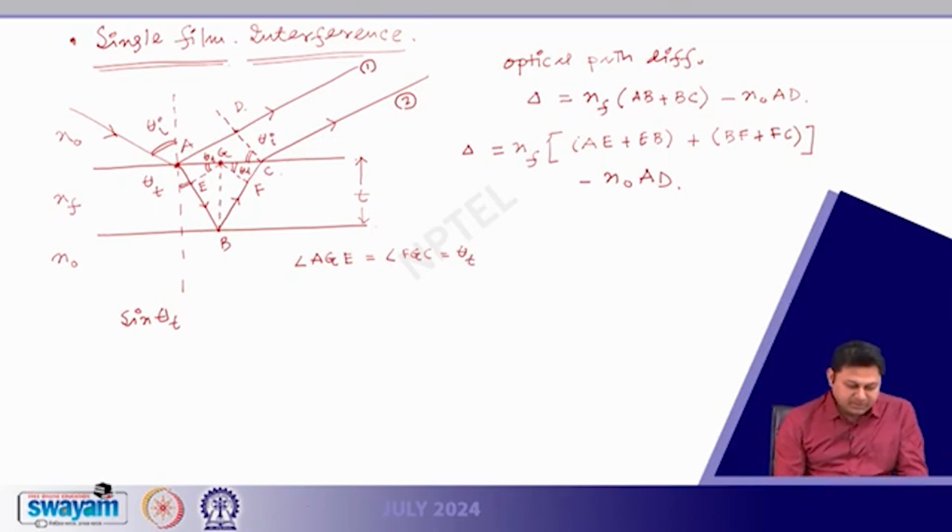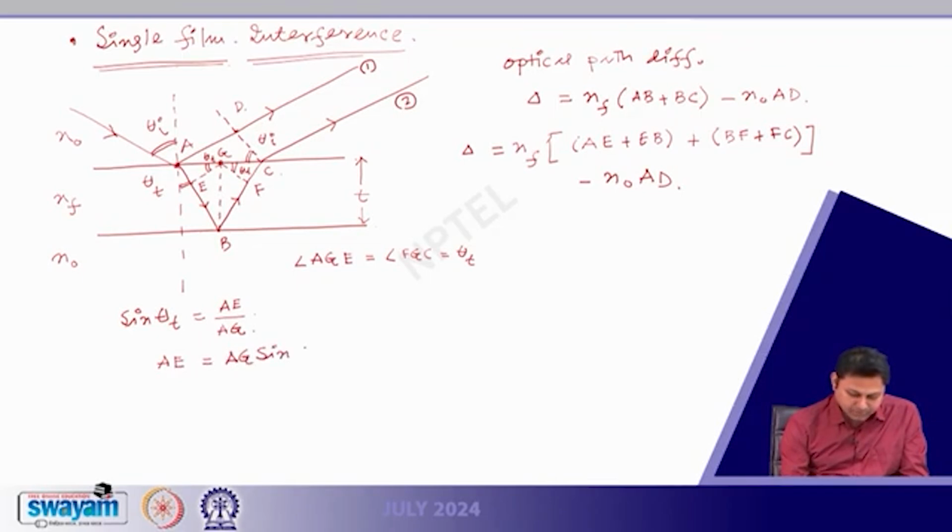So, sin theta t in that sense should be AE divided by AG, or AE is equal to AG of sin theta t.